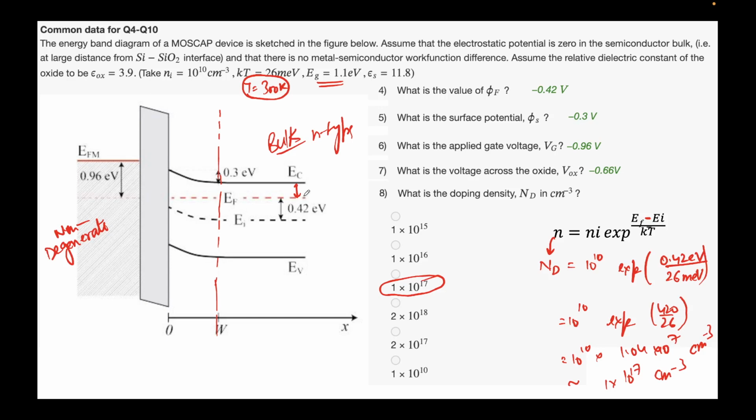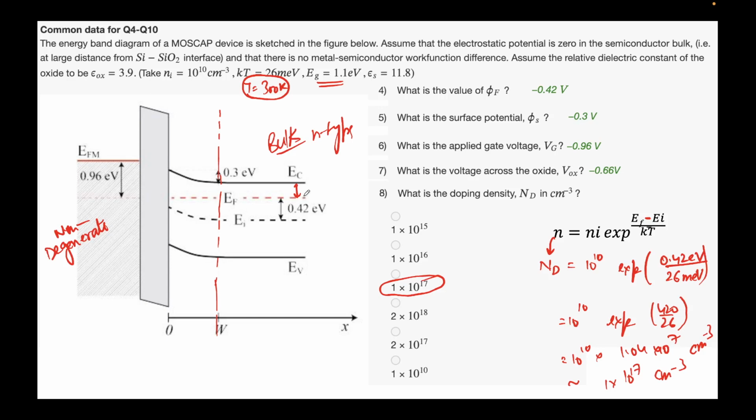Ec minus Ef, I can write this as Ec minus Ei minus Ef minus Ei. Ec minus Ei is nothing but half the band gap, so this will be 0.55, and sorry, this will be Ef minus Ei, given as 0.42, so this will turn out to be 0.13 eV.